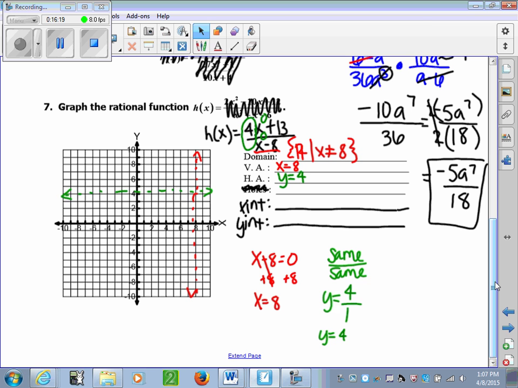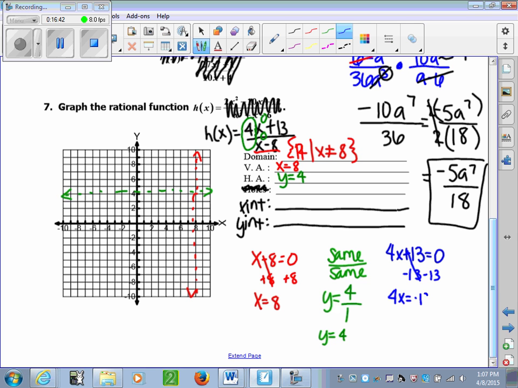Alright, x-intercept and y-intercept. So we'll do these in blue. So x-intercept, remember my x-intercept is where my y equals 0, which means I can take my numerator, 4x plus 13, set it equal to 0, because I want to know where y equals 0. So now I'm just going to solve for x. Minus 13 on both sides gives me 4x equals negative 13.